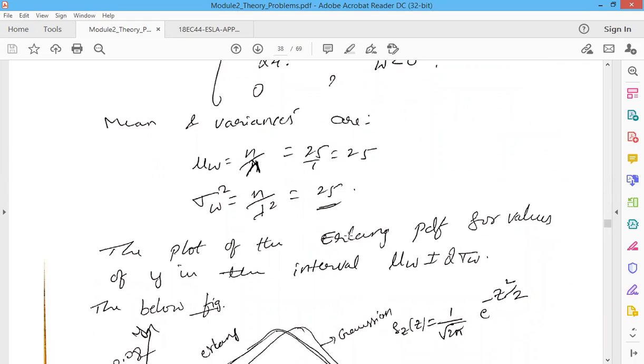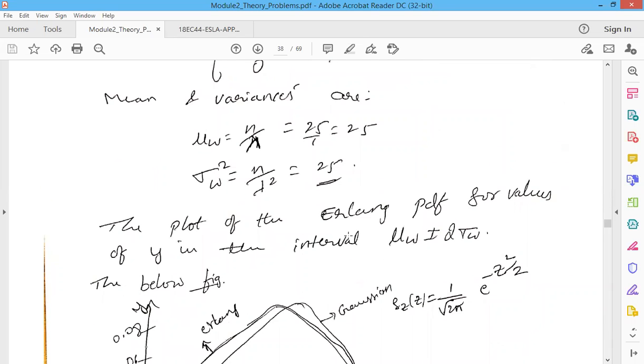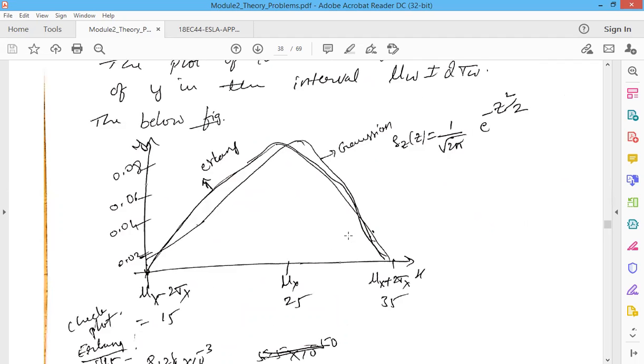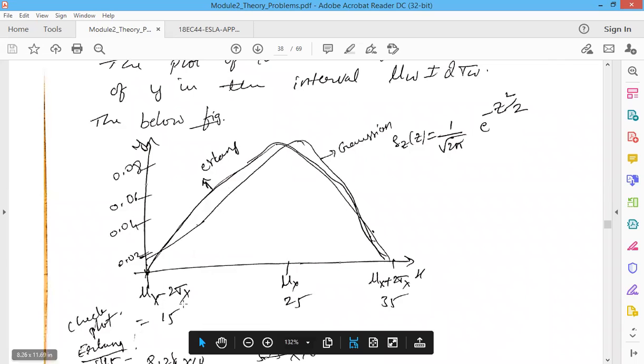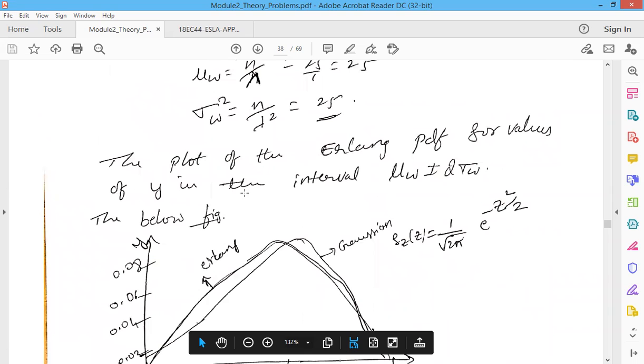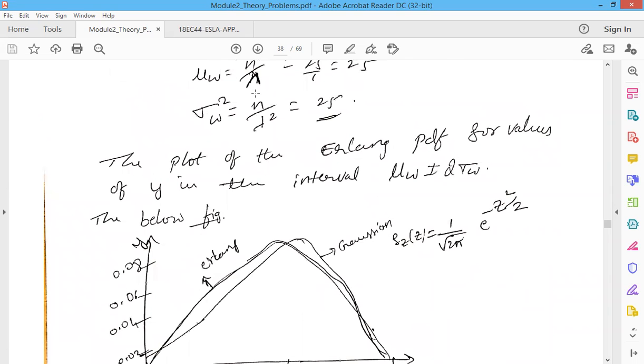Whenever you plot this Erlang PDF for values within the interval mu_w plus or minus 2 sigma_w, here the mean mu_w is 25 and sigma_w squared is 25.